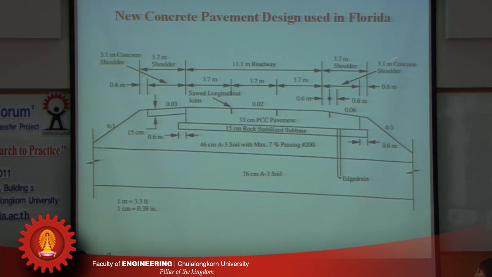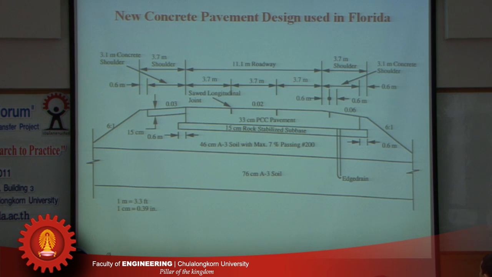Now the typical design thickness is 33 centimeter. On the edge, it has a widened slab that extends to the shoulder by 2 feet or 0.6 meter, because the stress is most critical when the wheel is close to the edge.